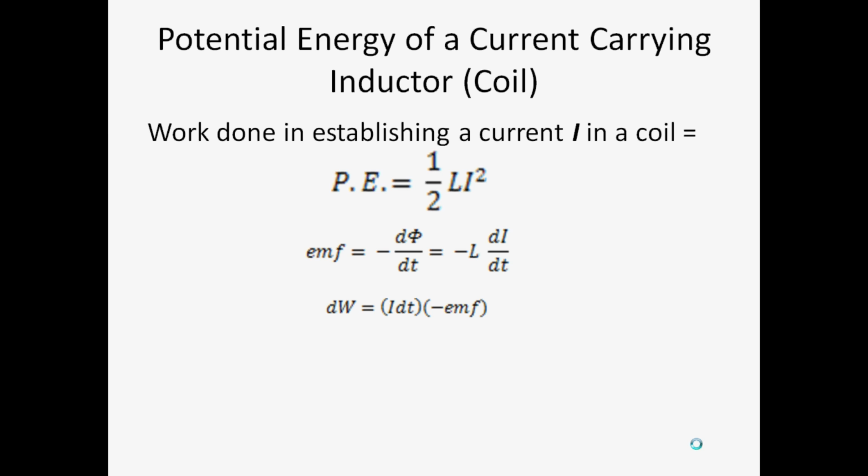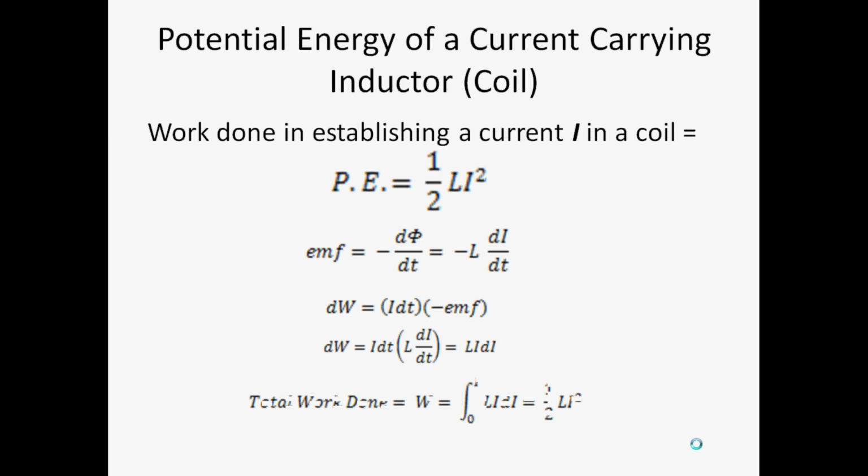Now using the expression for EMF, we get dW equal to Li di, and the total amount of work done in establishing the current from 0 to I can be obtained by simply integrating the expression from 0 to I, and W comes out to be equal to half Li square.